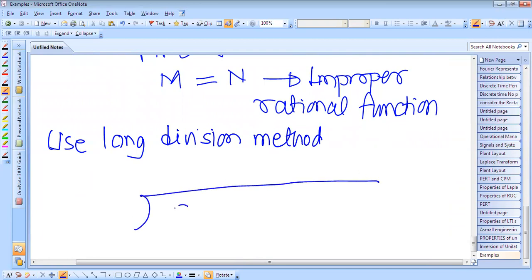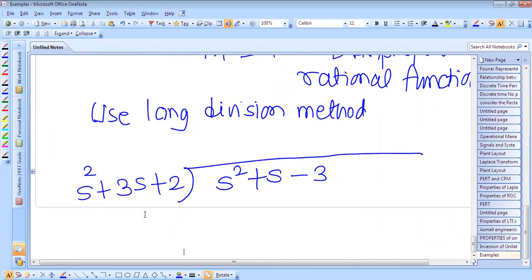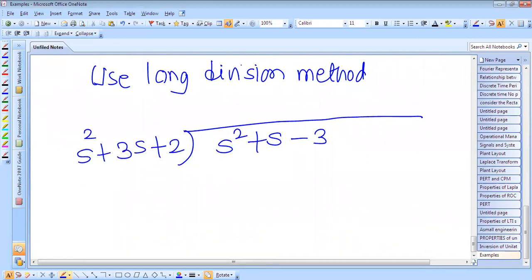So we have s square plus s minus 3 divided by s square plus 3s plus 2. The s square is already there, therefore we have to use 1.